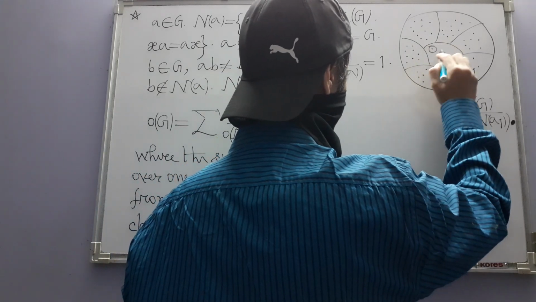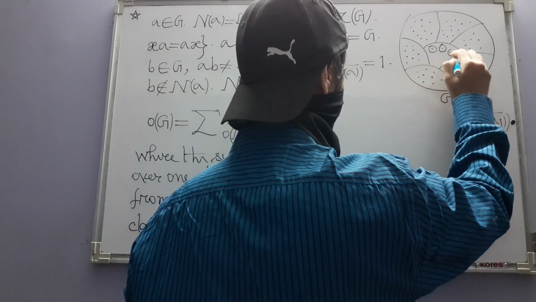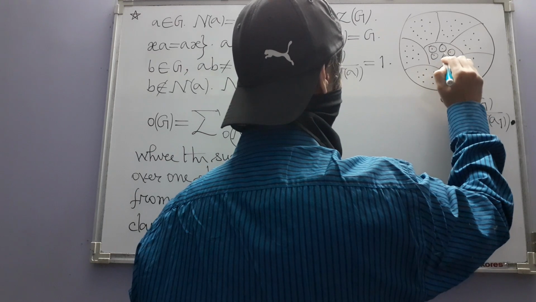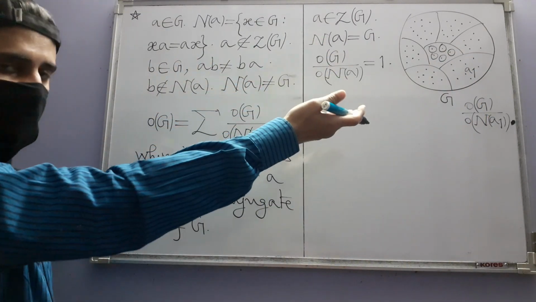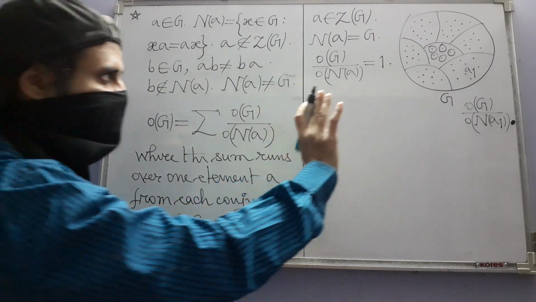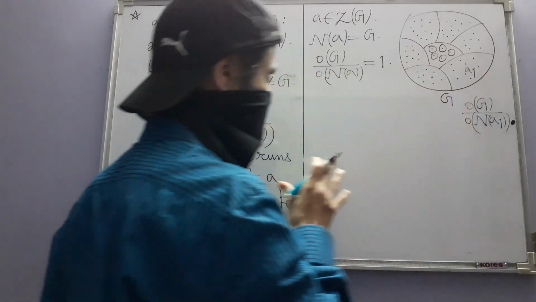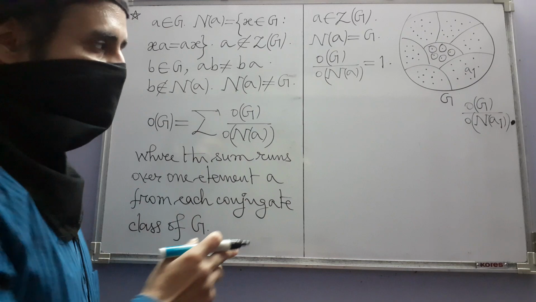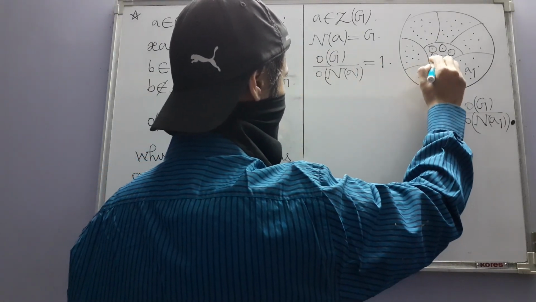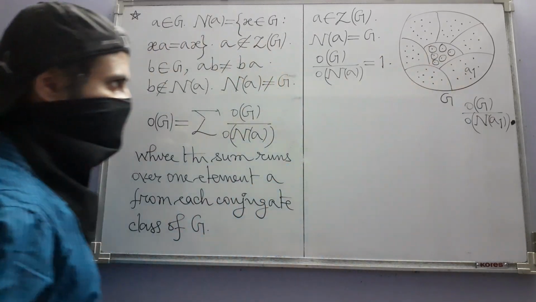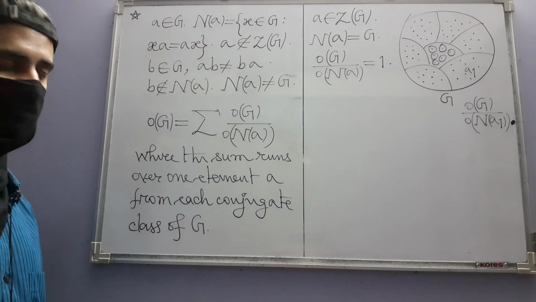In other words, the central elements form singleton conjugate classes. I have drawn it there because it looks like a center, although we should not attach too much meaning to the word central. Anyway, you understand this. Just for the sake of indicating that these are central conjugate classes.